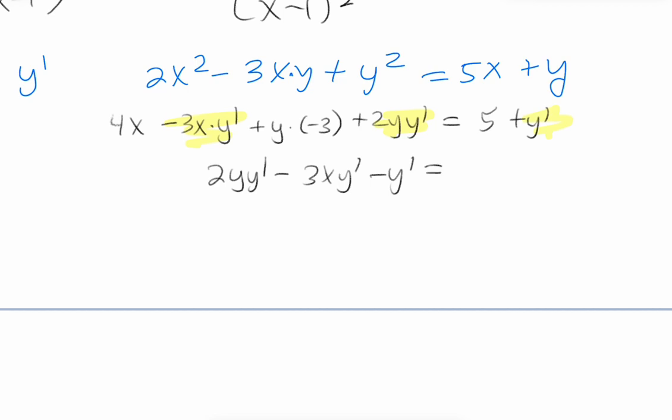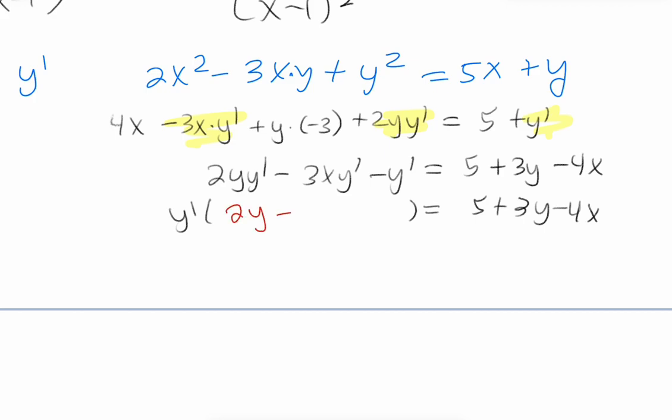On the right, we're going to get a 5 plus 3y minus 4x. That's better. Okay, now at this point, we're still going to do the same thing. We are going to take out a y prime. When we do that, we are left with 2y minus 3x minus 1. Now that parenthesis there is multiplying by y prime. I want the y prime to be by itself.